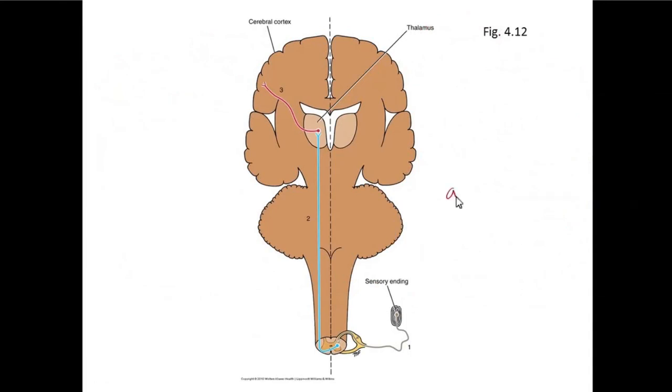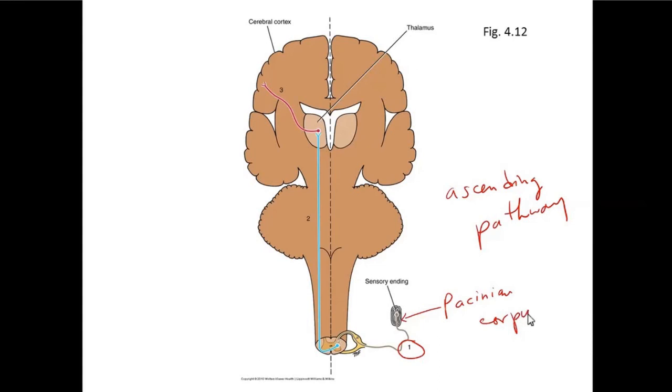This is pretty much mapping out an ascending pathway that involves 3 neurons. Here's one. Here's a sensory ending. This is most likely a Pacinian corpuscle that you find in the dermis, right?